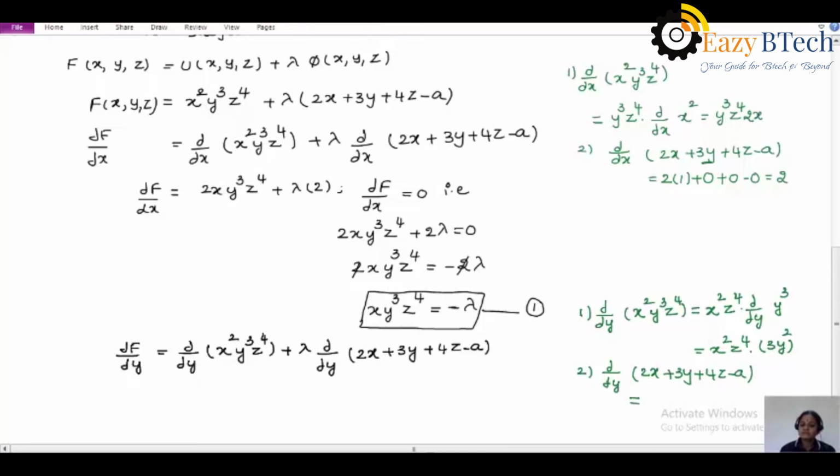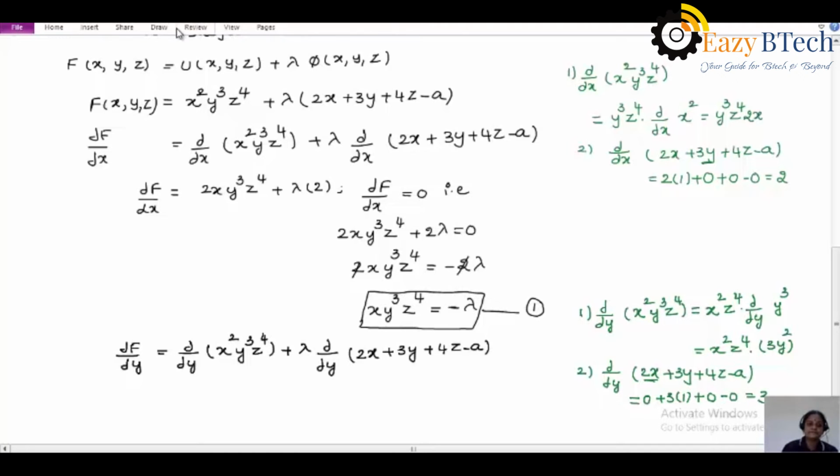And the second term ∂/∂y of (2x + 3y + 4z − a). See here, students. With respect to y here we are doing, and in the first term there is no y, then 2x is a constant, constant differentiation is 0 only, and plus 3y is there, y differentiation is 1, and again this value is also 0 because there is no y, it is a constant, and finally the answer is 3.